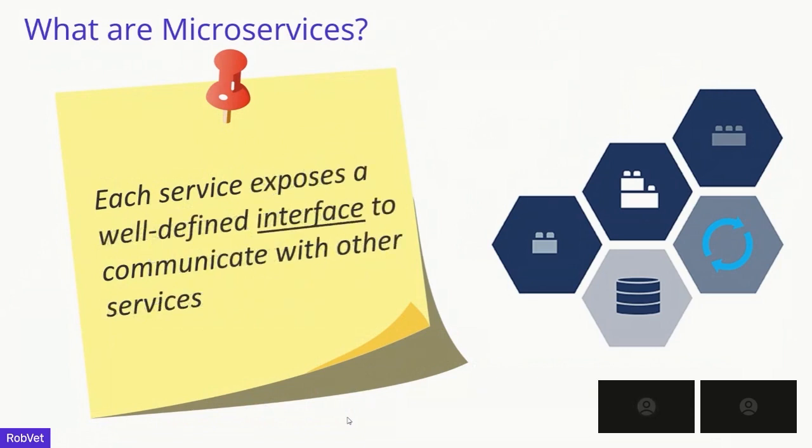Each one of those services is going to expose a well-defined interface so that it can communicate with other back-end services and especially with front-end clients or some kind of gateway that will sit between our front-end clients. And we'll talk a lot about that. Think of a standalone self-contained service with an interface that basically says, here's what I do, you can communicate with me.